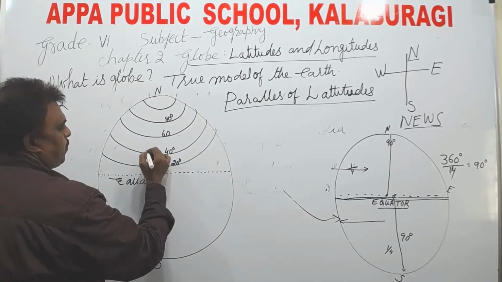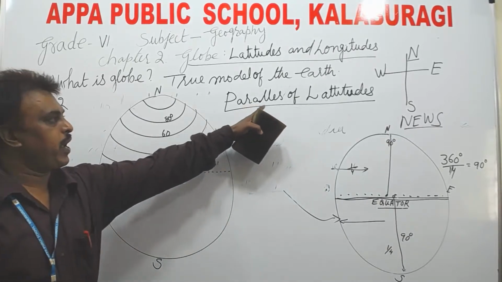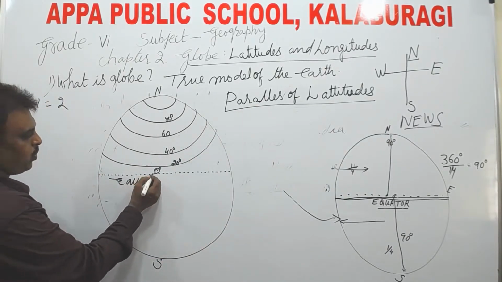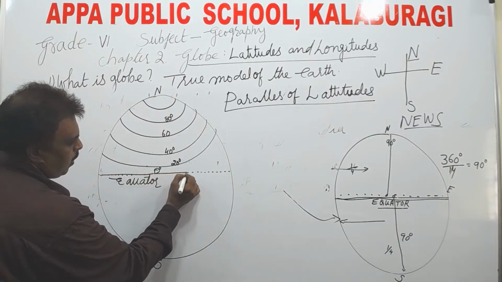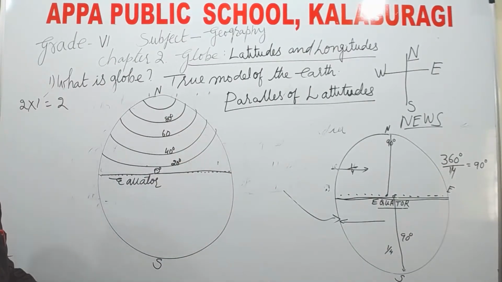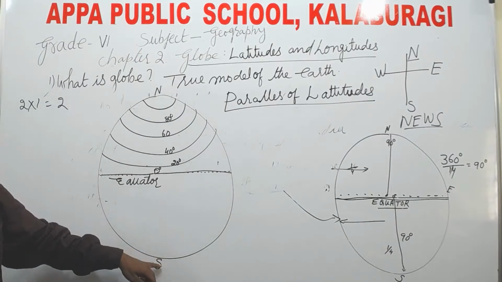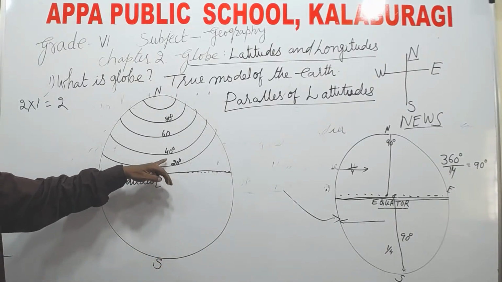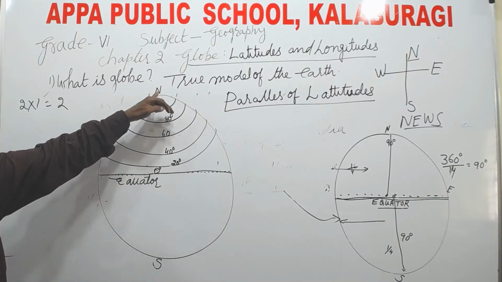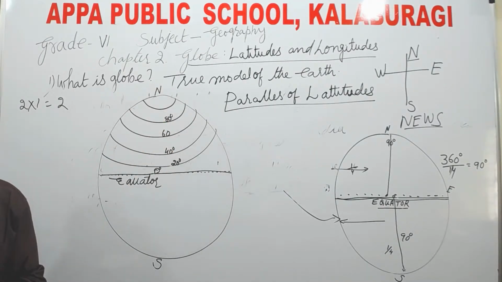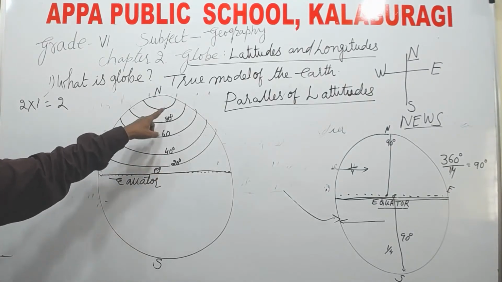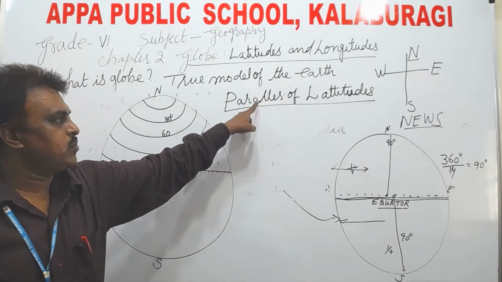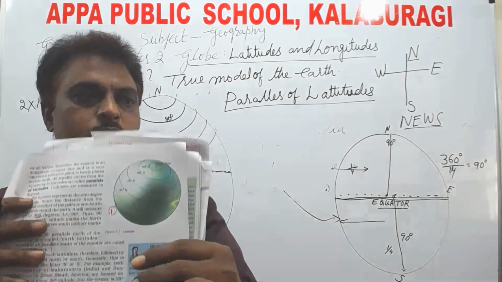This is called the parallels. Parallels of latitudes, where the equator is dividing the globe into two parts: one is the northern side and the other is the southern side, and equally these 20, 40, 60, 80, and so on have been divided. The parallel circles that are equally placed from the equator are called parallels of latitude.